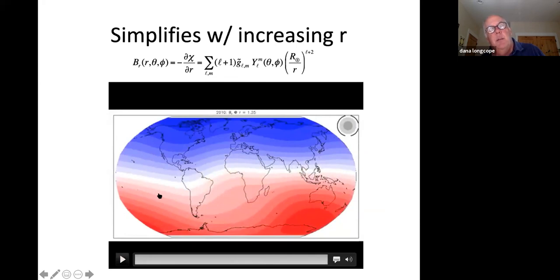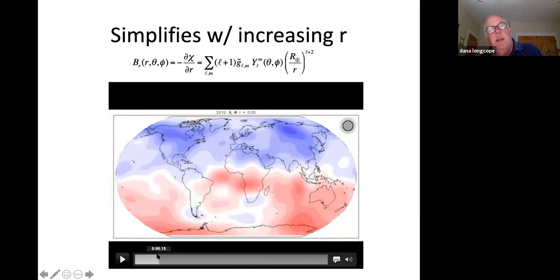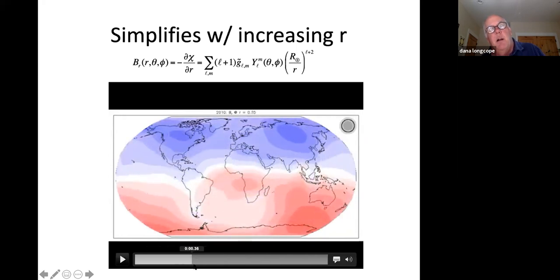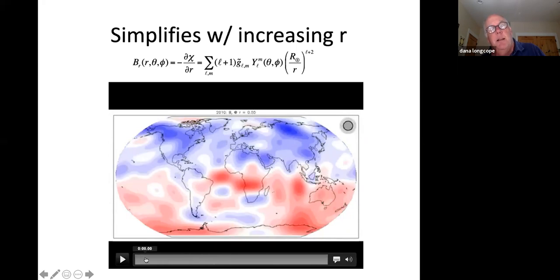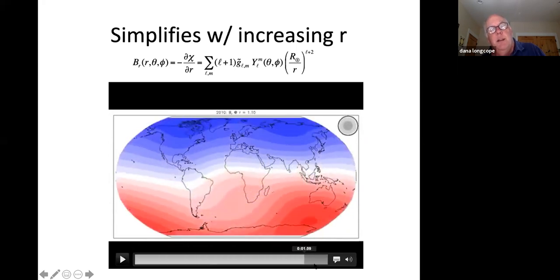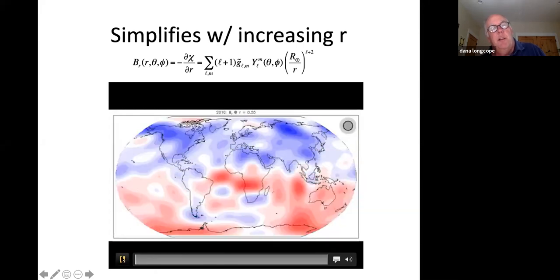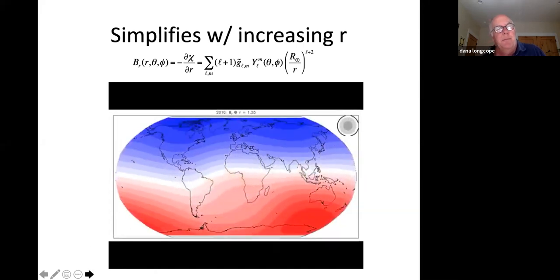The magnetic field comes out of the south and goes up to the north. But that's only true if you're parochial enough to believe in the magnetic field only at the surface of the Earth. If you go higher up, if you go lower down, you see a much more complicated magnetic field. And that's really the same lesson we had from observing the sun, which is very complicated.